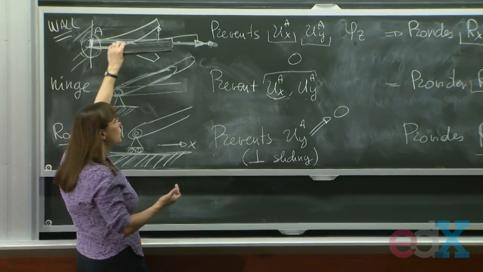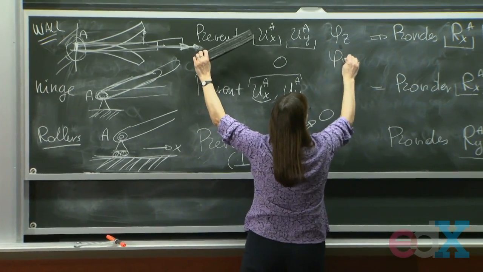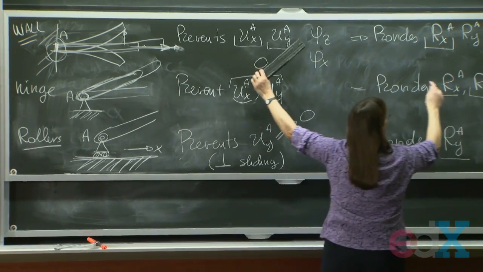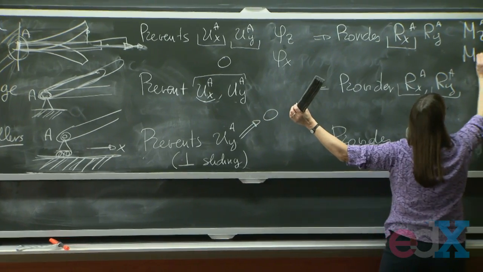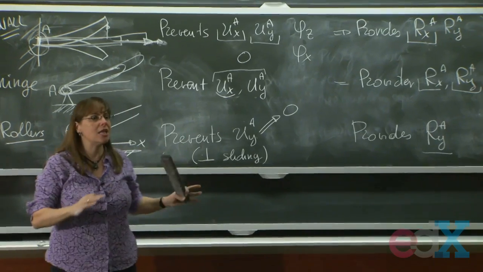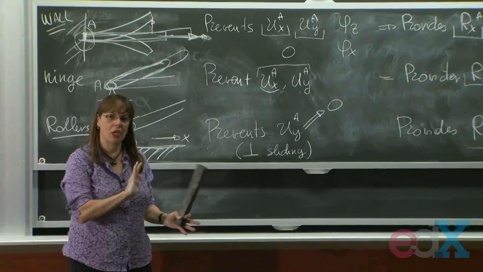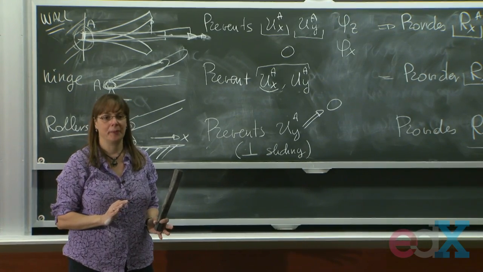Okay? And for torsion in the x-axis, that means that the wall is going to prevent the rotation around the x-axis, and the wall can also provide moment along the x-axis. Okay? So that's not strictly 2D, right? But we can draw it into this, or we can do it. Okay?